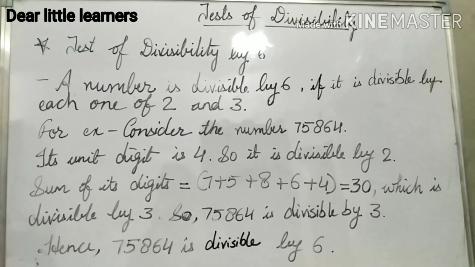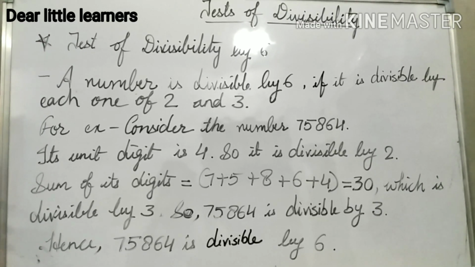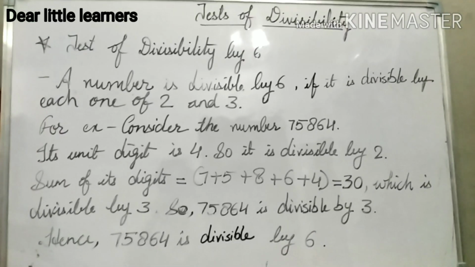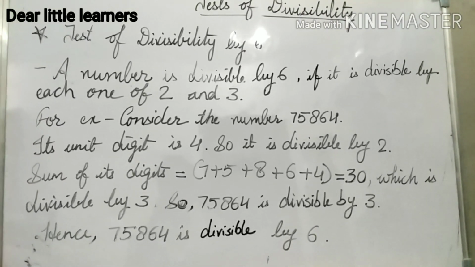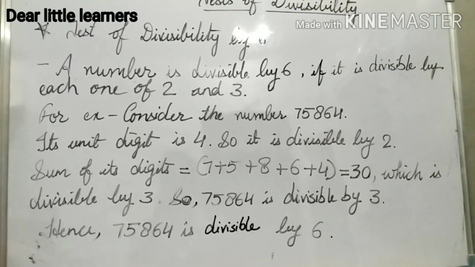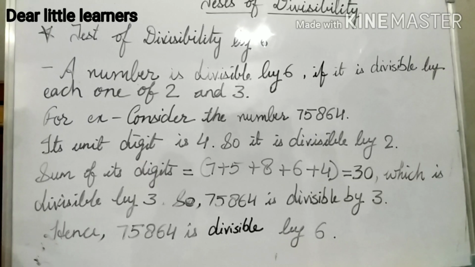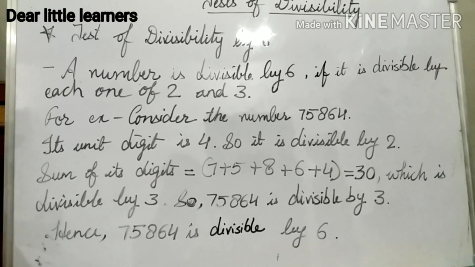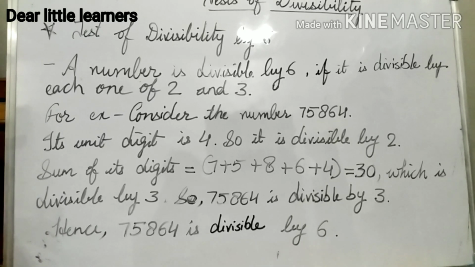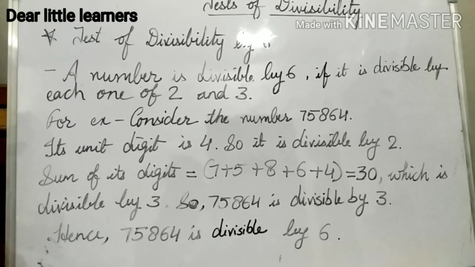Now the next test of divisibility is by 6. A number is divisible by 6 if it is divisible by each one of 2 and 3. For example, we are taking a number here, 75,864. For finding divisibility by 6, we have to check both the divisibility test of 2 as well as of 3.